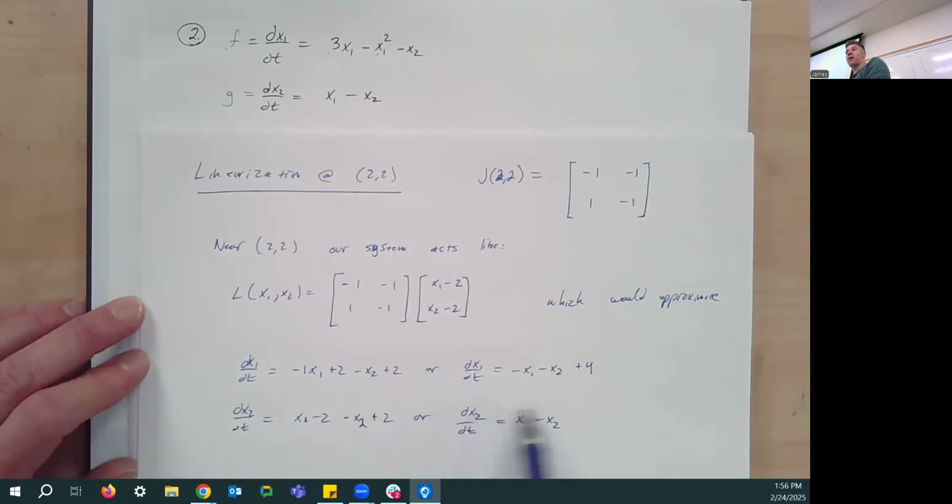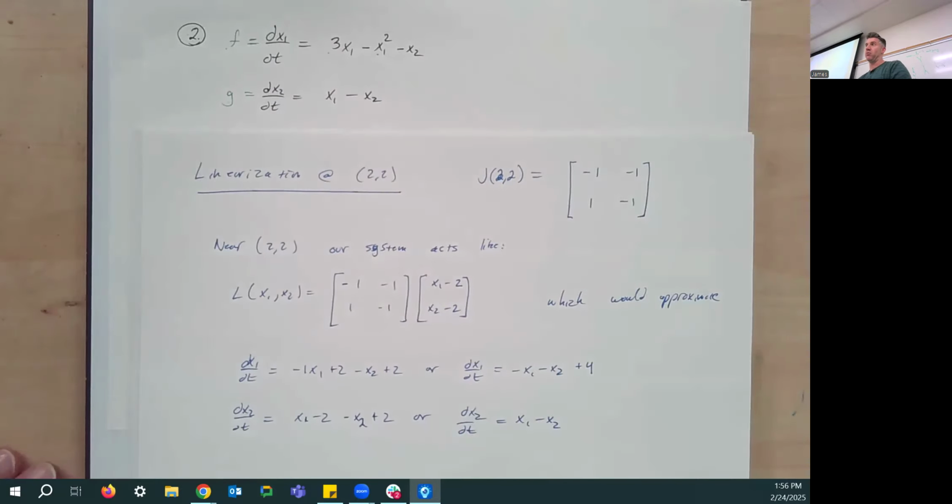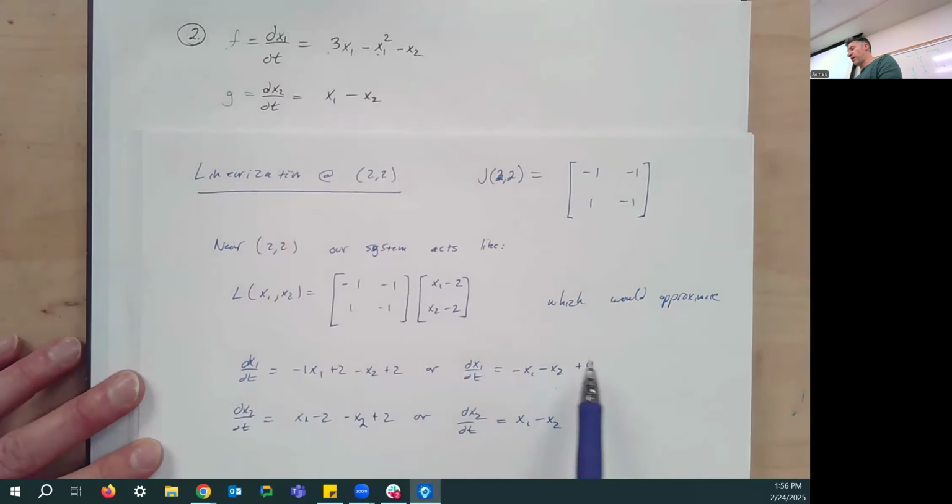This is a good approximation at the point 2, 2. Kind of weird, but it makes sense because if you plug in 2, 2, you get 0 for that and you get 0 for that. And as long as you aren't too far away from 2, 2, the values of this will be close to the values of this.